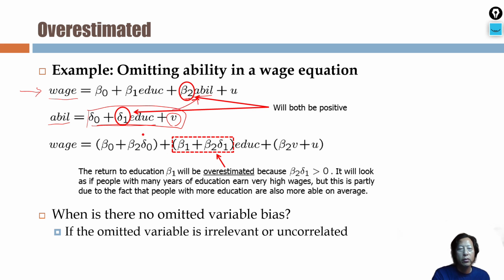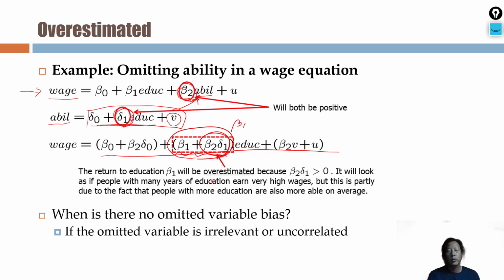And then you can clear the formula, and we will have this one. So if this is positive, then this will be positive, and then what will happen is this new beta 1 will be overestimated because ability disappeared. This is what happens when we omit the ability.